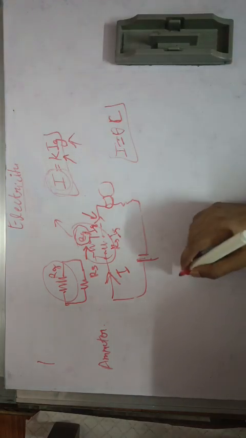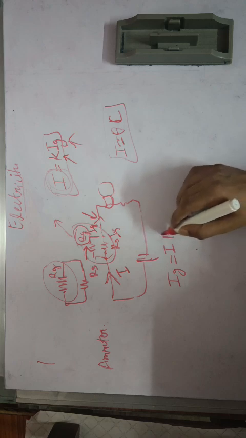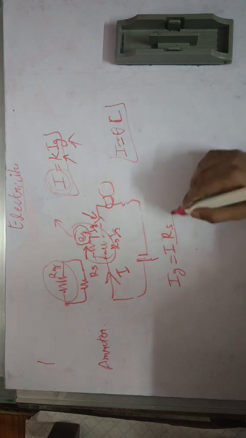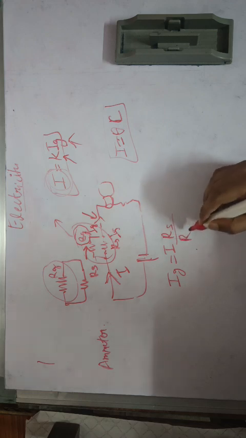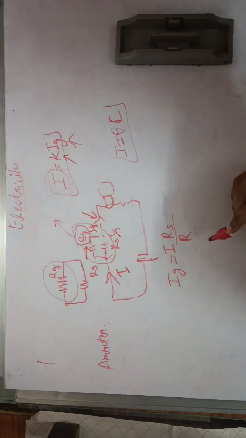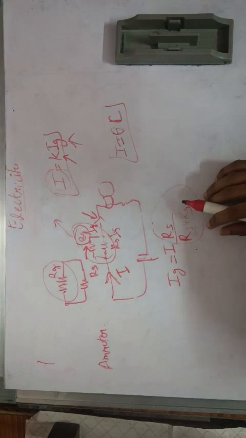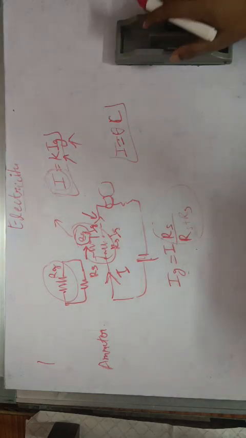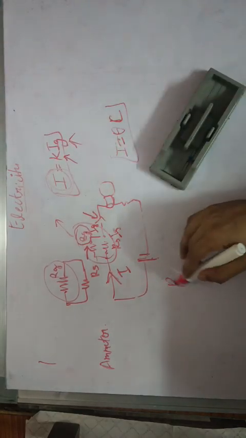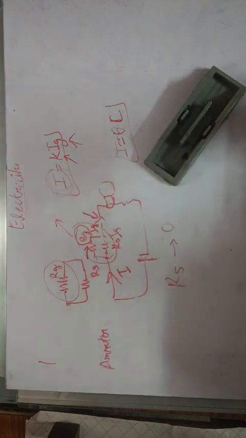Since we know the current divider, I can say that Ig is equal to I times R shunt divided by R shunt plus Rg. So this is a constant value. This is how we can relate Ig and I. The value of Rs needs to be very small, tending to 0, so that it does not affect the circuit's current.